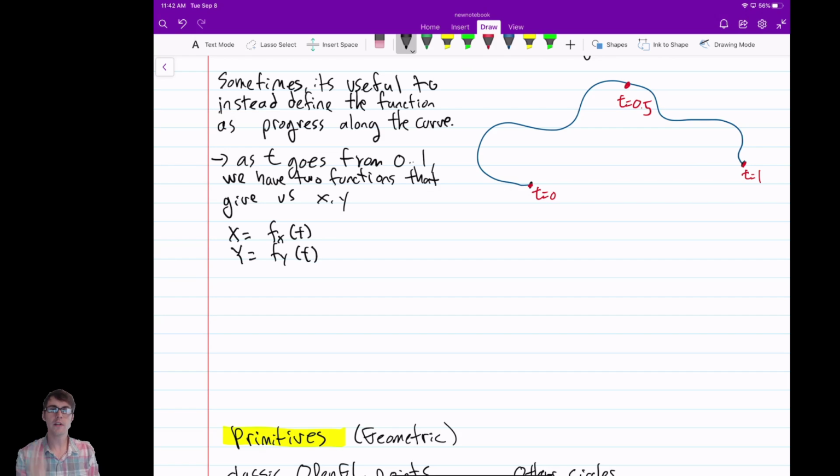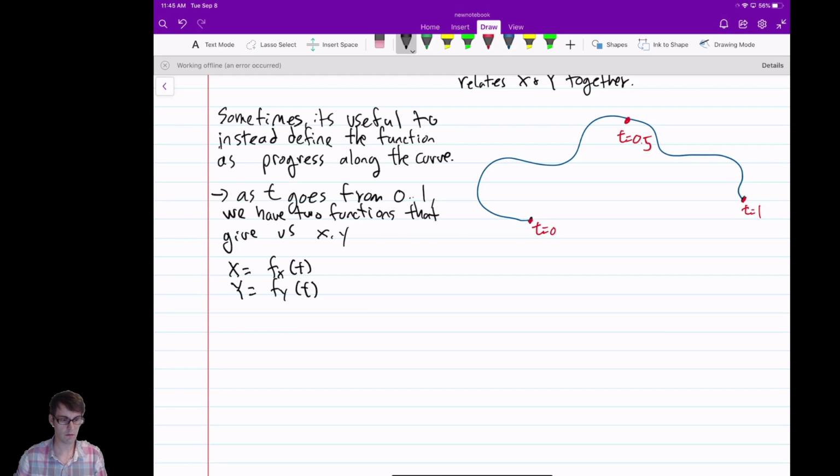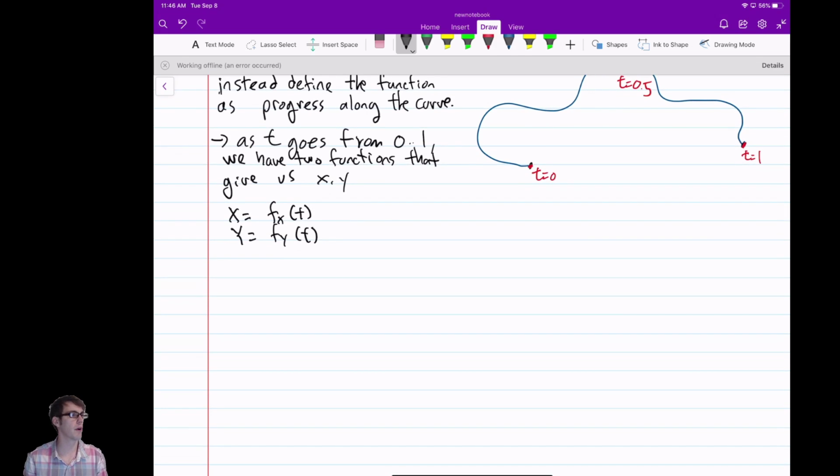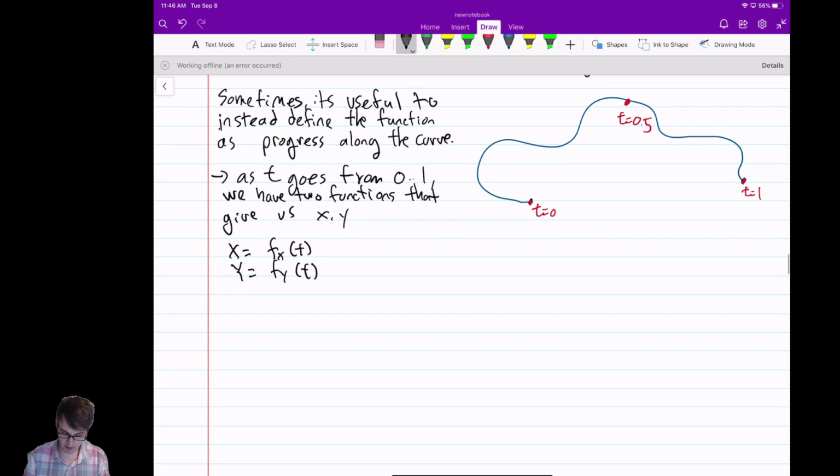Okay, so I give it a t, it gives me an x, it gives me a y, bam, I can plot that. So let's look at what this might look like in practice. But the intuition I'm hopeful for is that you have this parameter, it goes from 0 to 1, we get some functions, we give it a t, it gives us the x and the y.